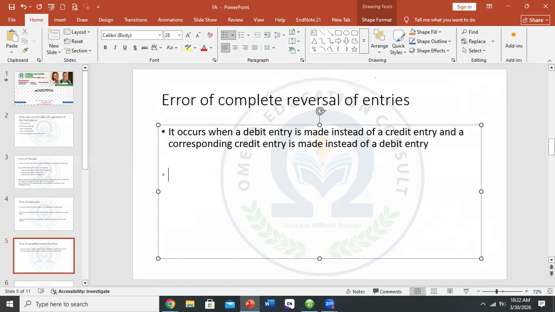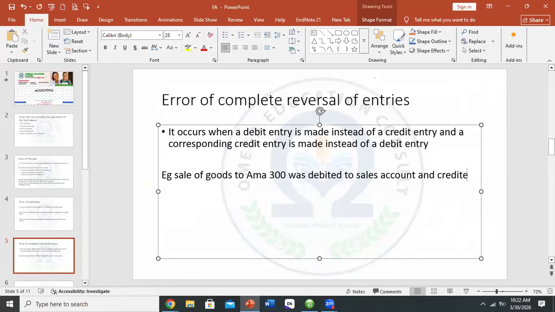Example. Sale of goods to Amma, 300, was debited to sales account and credited to Amma's account.